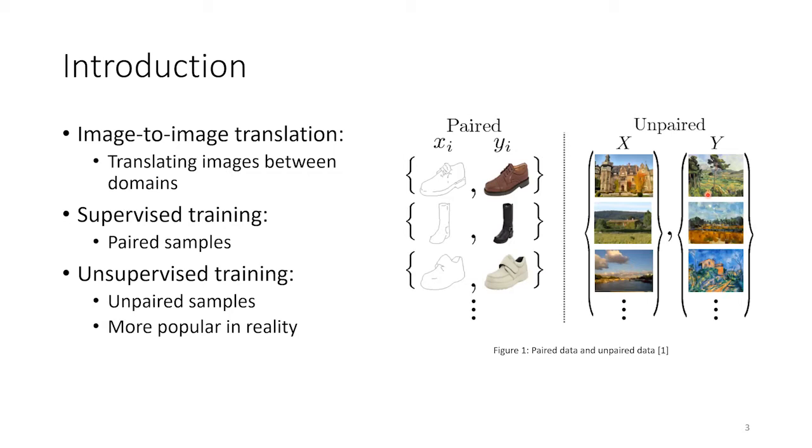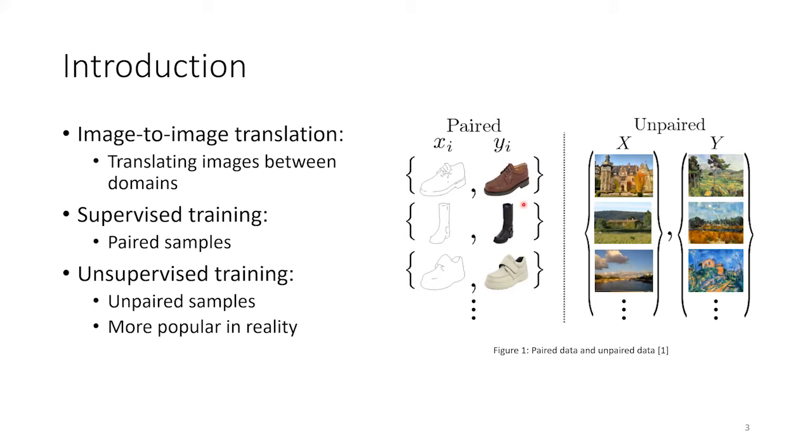The state of the art methods now are convolutional neural networks, and for training those models, there are two main approaches: supervised learning or unsupervised learning. Supervised learning means that we have samples in pairs.